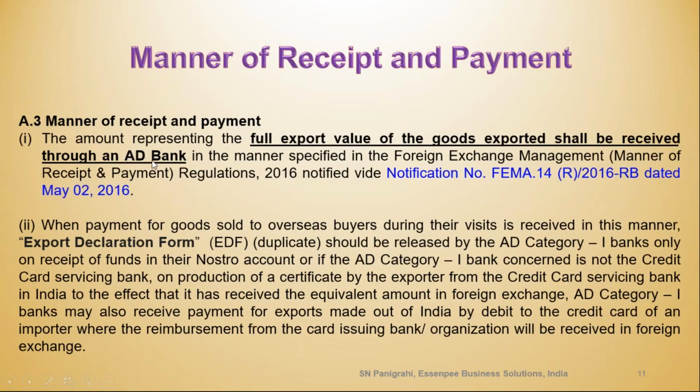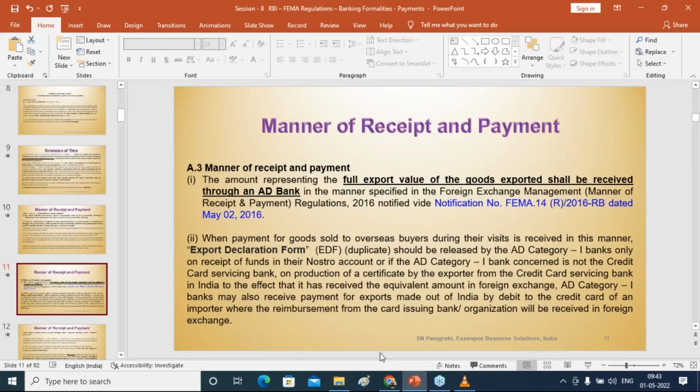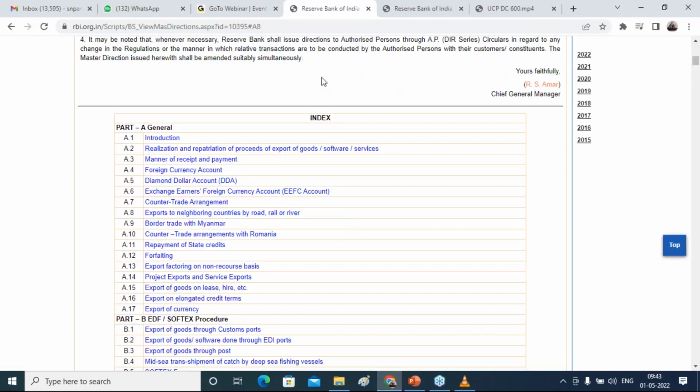Through the banking channel only we have to receive, in the manner specified in the foreign exchange regulations. This is what they're talking about. Okay. And this regulation, I'll show you that notification. As I told you, this is the master circular. Here, let us see what they mention.